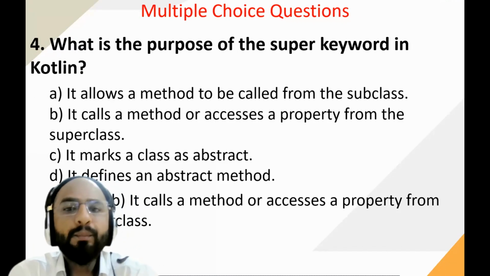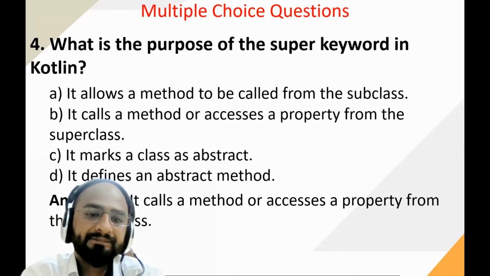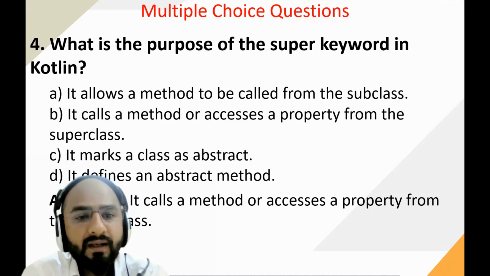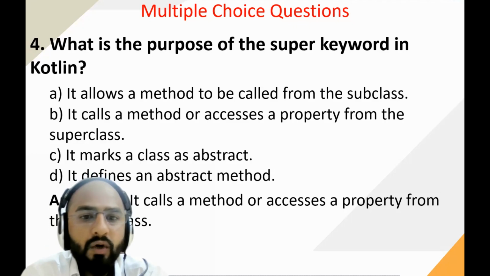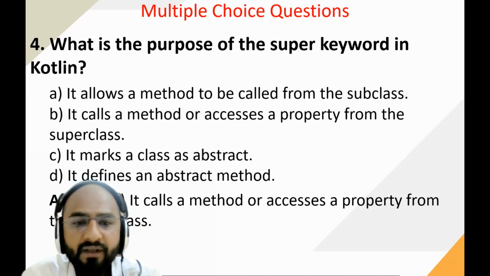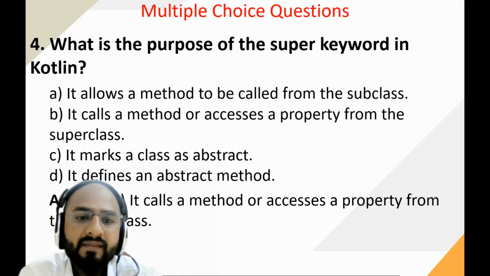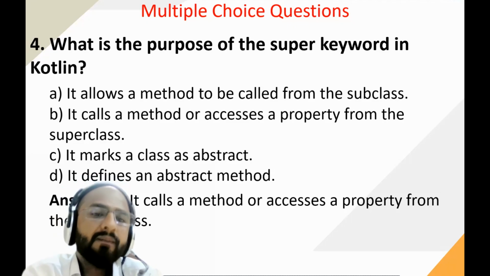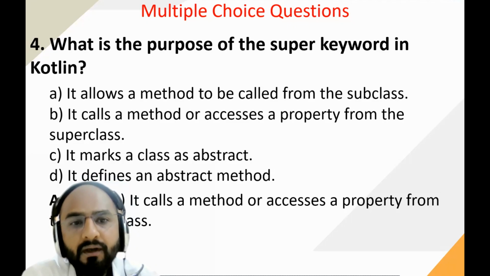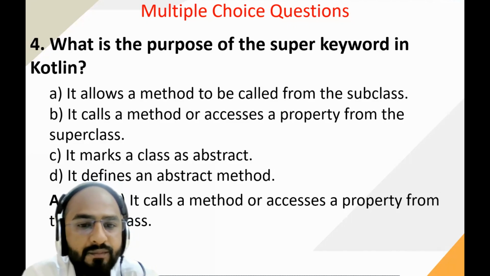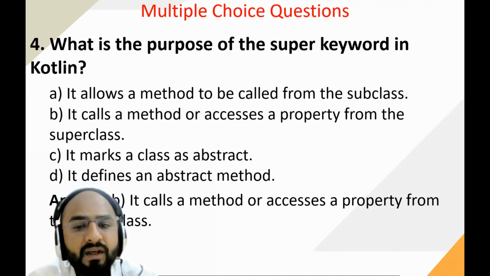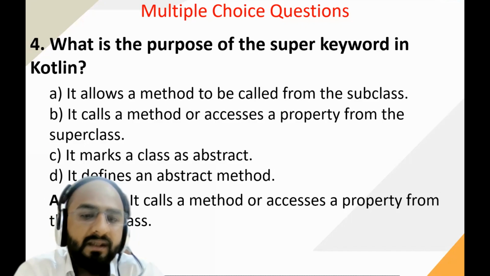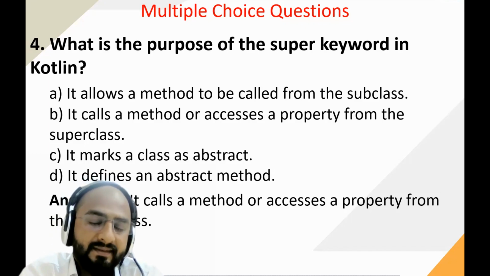What is the purpose of the super keyword in Kotlin? A, it allows a method to be called from a subclass. B, it calls a method or accesses a property from the superclass. C, it makes a class abstract. D, it defines an abstract method. So what is the use of the super keyword? The right answer is B. It is used to call a method or access a property from the superclass.